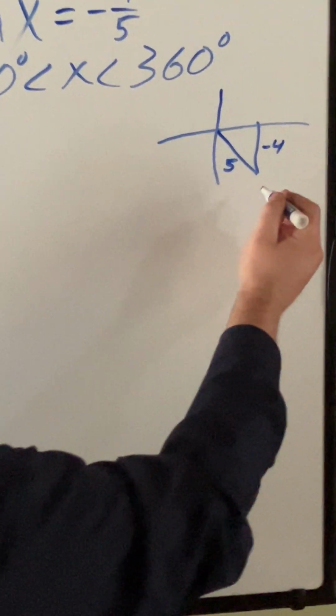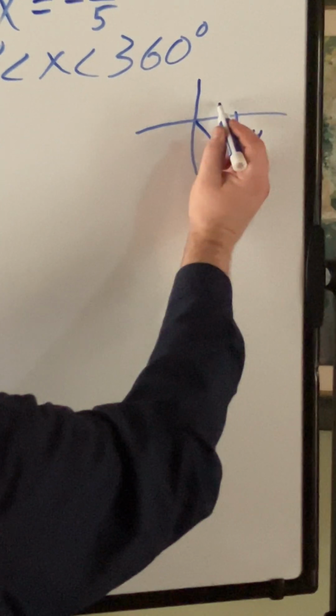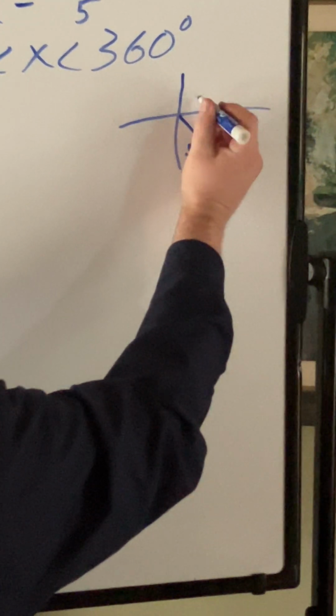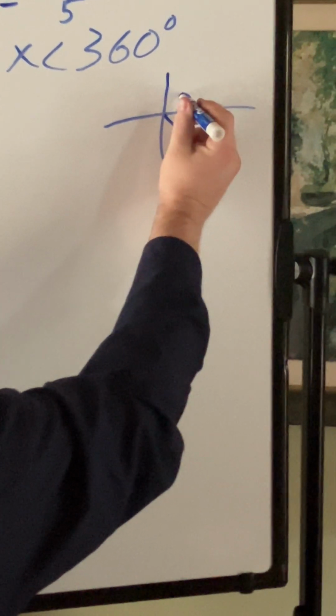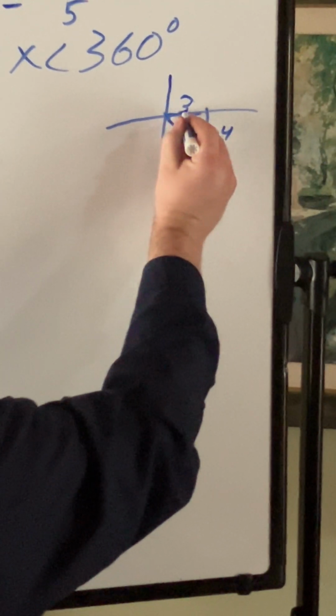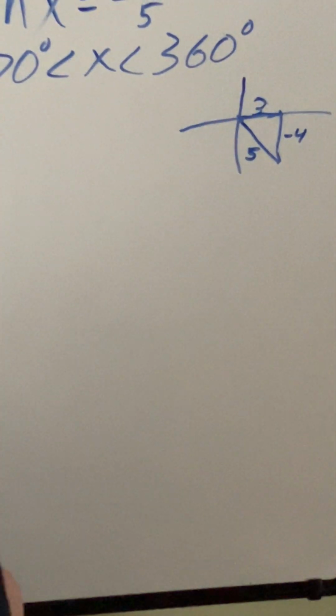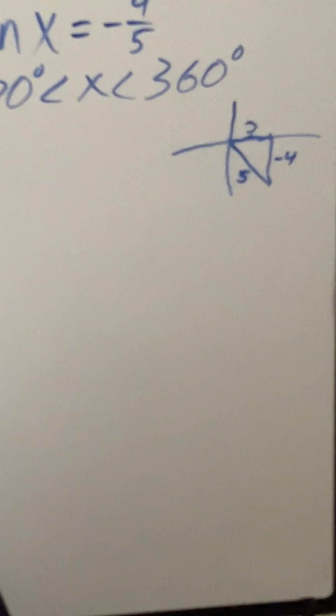And if we do Pythagorean theorem, this is a 3, 4, 5 triangle. So this side is 3, and we know it's +3 because of its direction. This is the positive x-axis, so this side must be positive. Now, pretty straightforward.